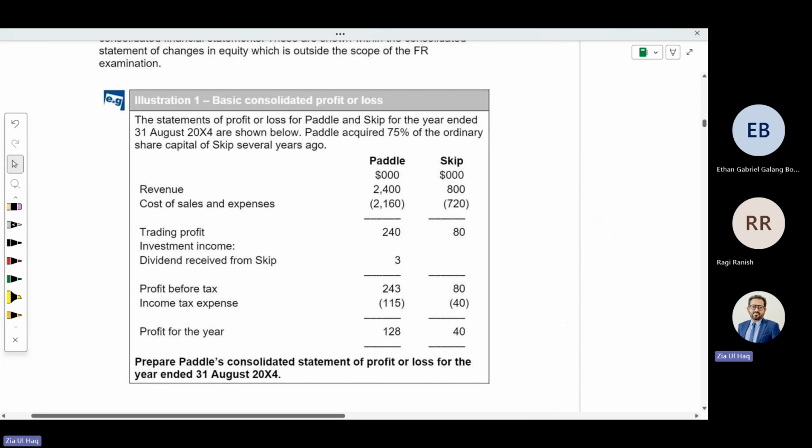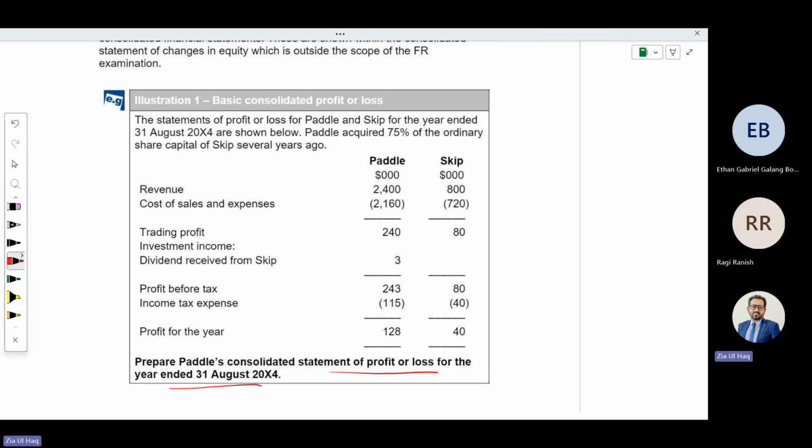The statements of profit or loss of Paddle and Skip for the year ended 31st August 20X4 are shown below. Paddle acquired 75% of the ordinary share capital of Skip several years ago. What you need to do is prepare Paddle's consolidated statement of profit or loss for the year ended.